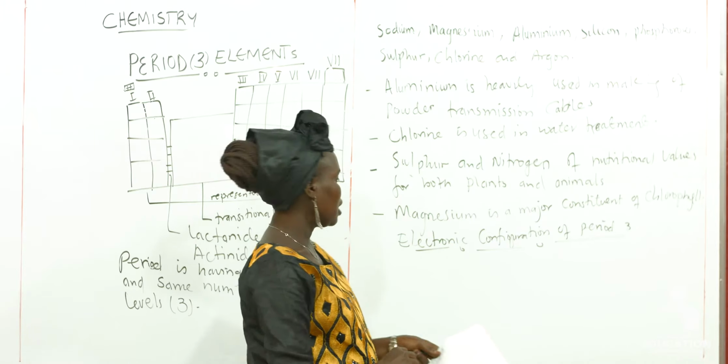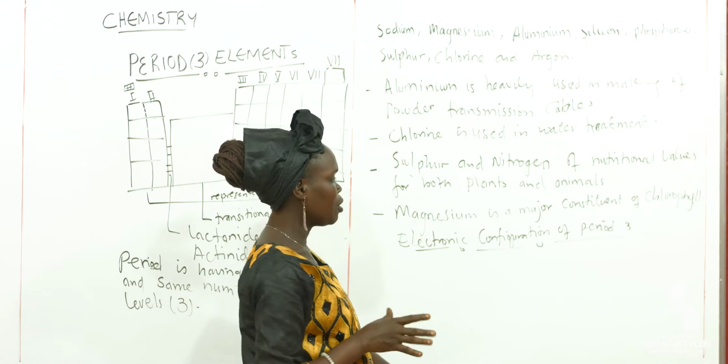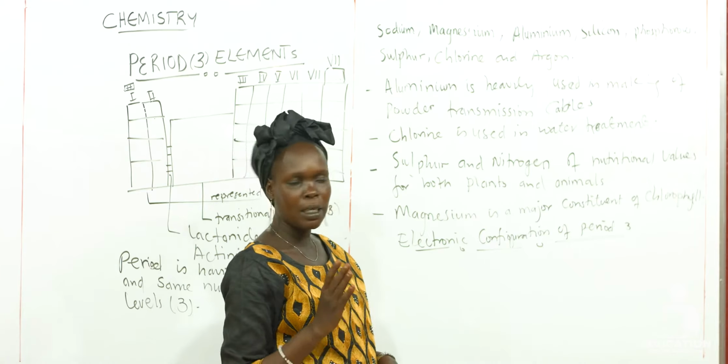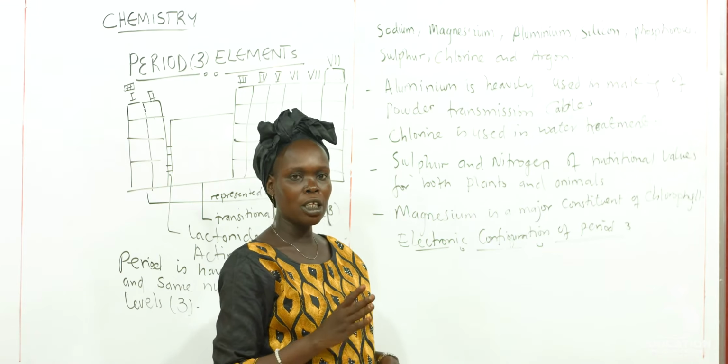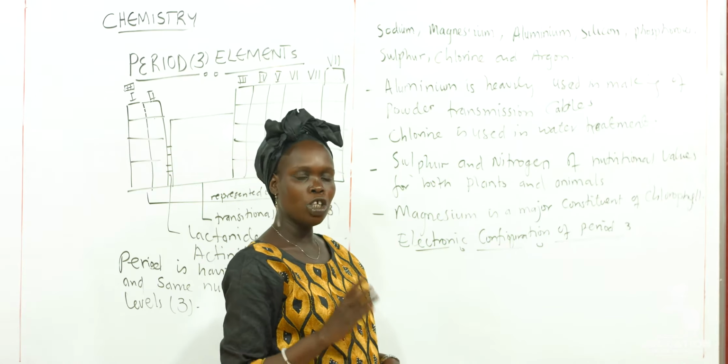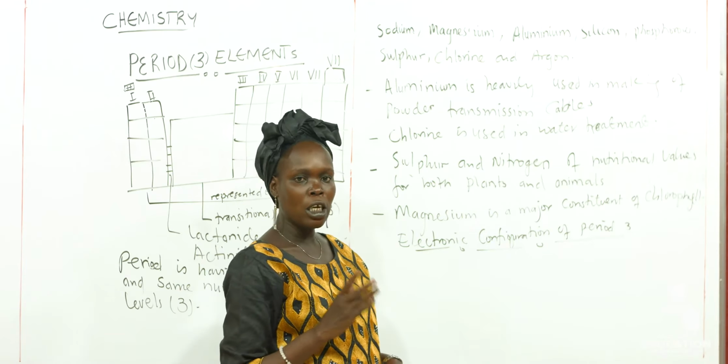And here we can say that the electronic configuration of period 3 is represented by 3 energy levels for each element. So these 8 elements distribute their electrons into 3 energy levels.